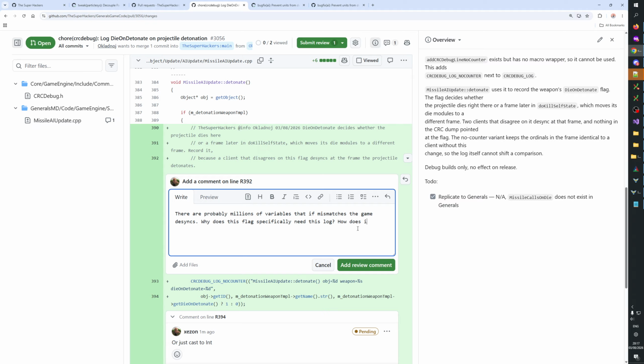How does it happen? And can we just fix the issue and make the lock not needed?